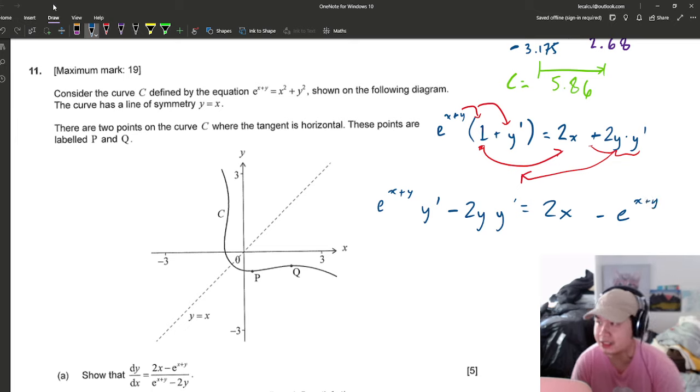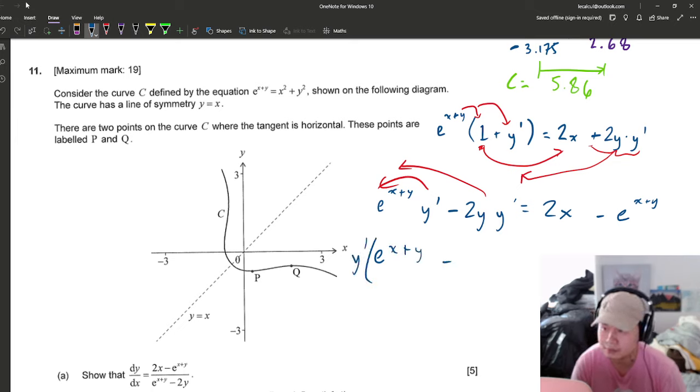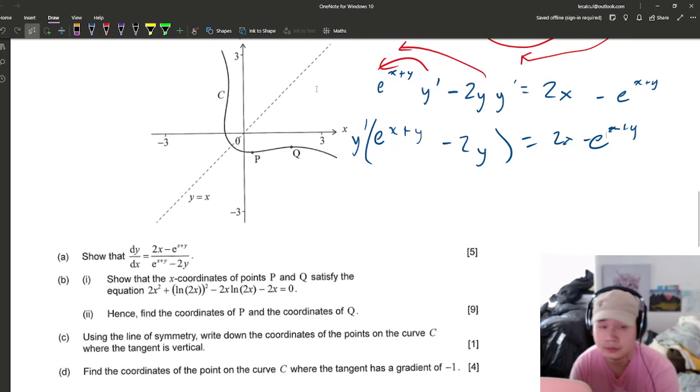And then these we can just factor out the y prime. And then we're basically done. Right, we just need to divide this over here, and then we would get this.